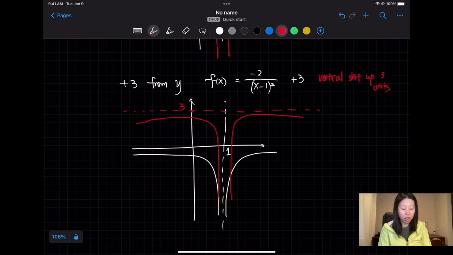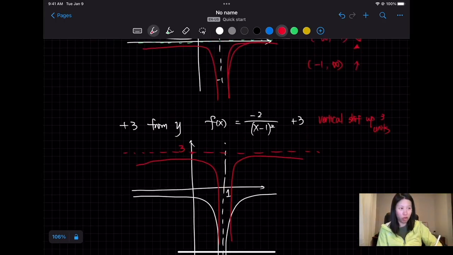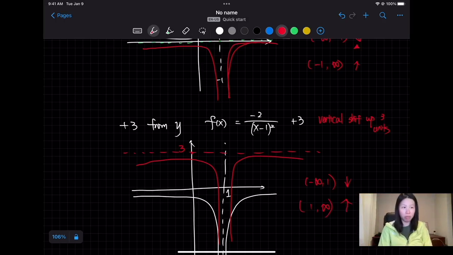So that means your increasing interval should remain the same as the previous step. Negative infinity to 1 is going to be your decreasing interval. Let me write this nicely. And then your increasing interval should be 1 to infinity, because from that point you're going up.